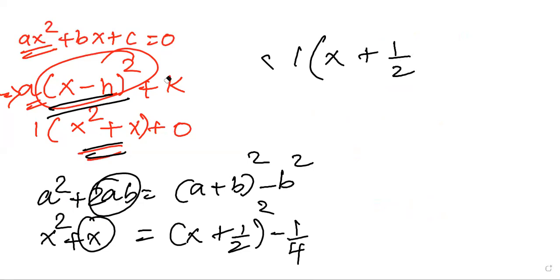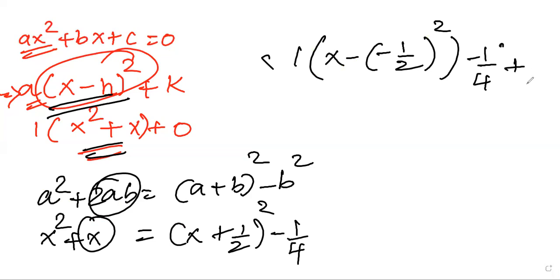I said minus, right? So you have to write this as x minus of minus 1 by 2 the whole square, plus we have minus 1 by 4 here. So minus 1 by 4 plus 0.